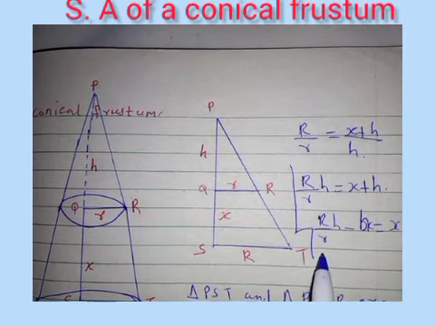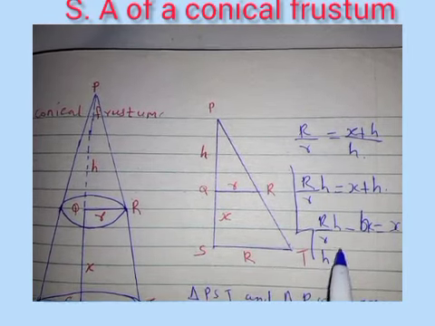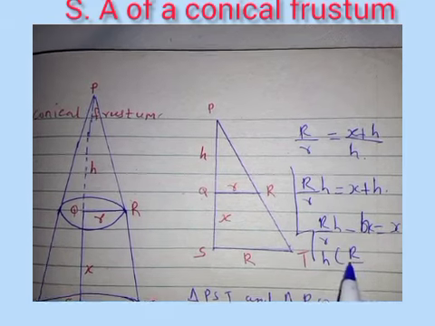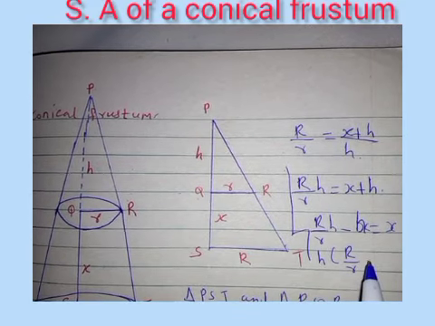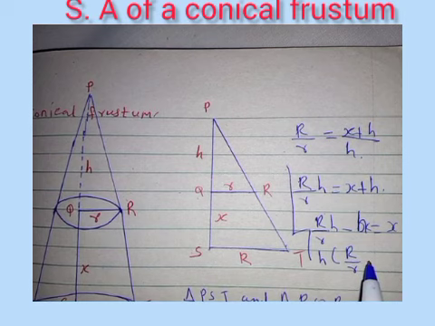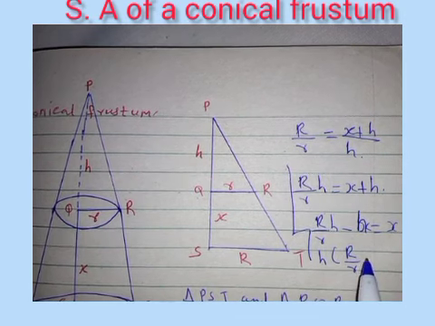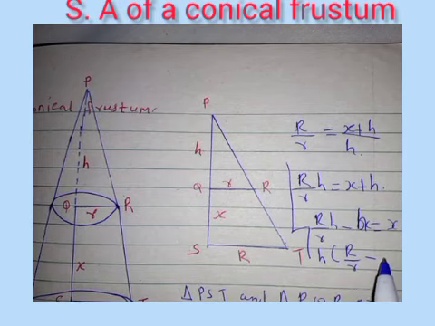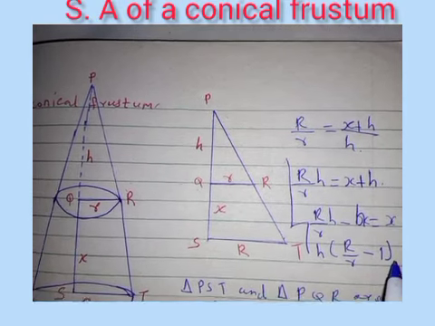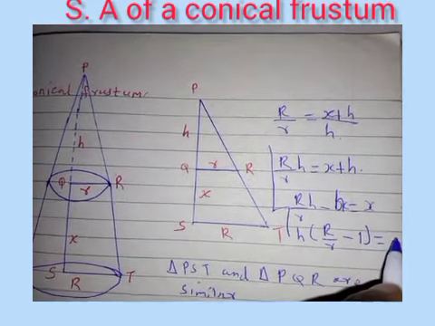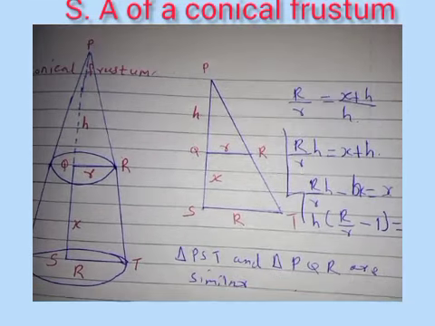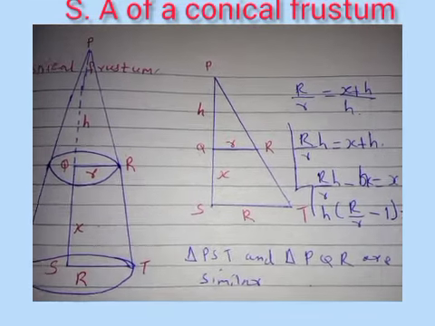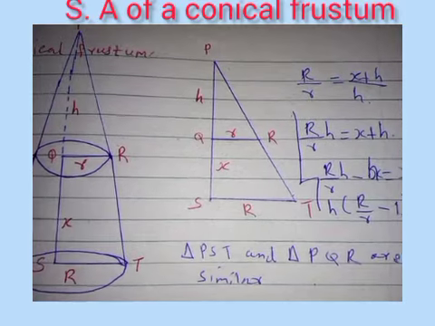Then from there we factor h out to be left with R over r minus 1, which is equal to x, after factoring.